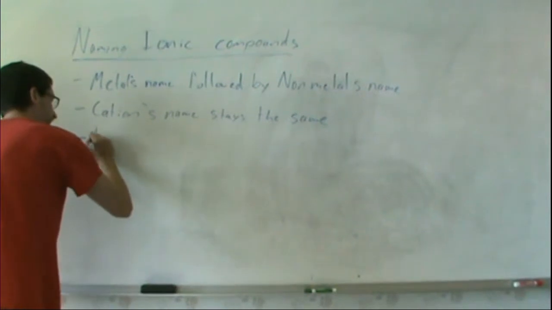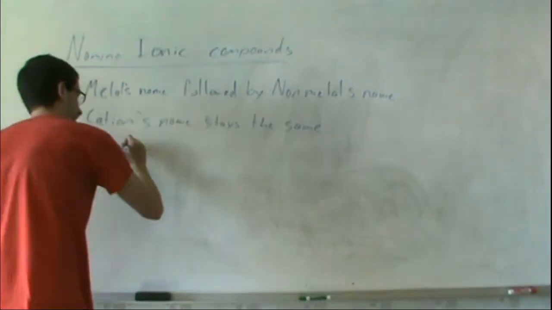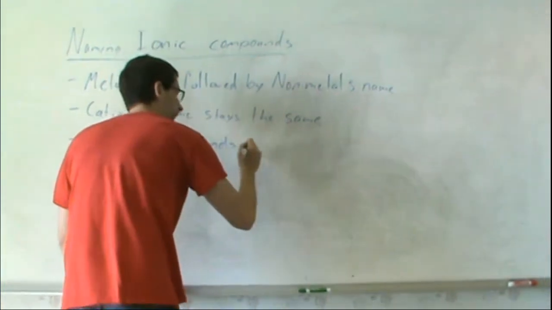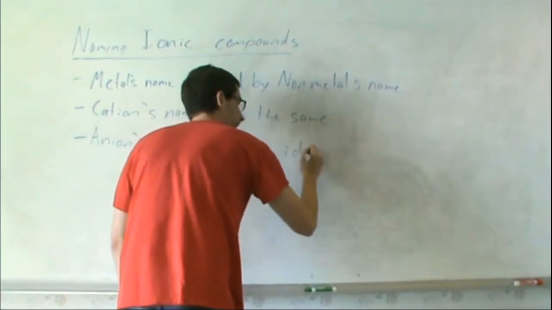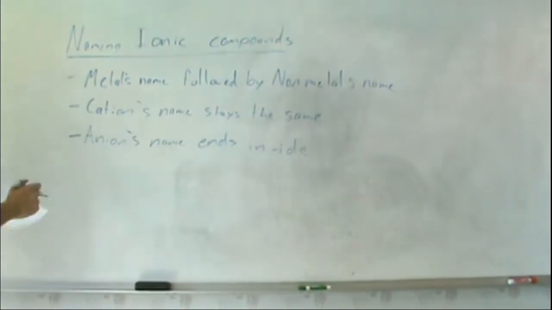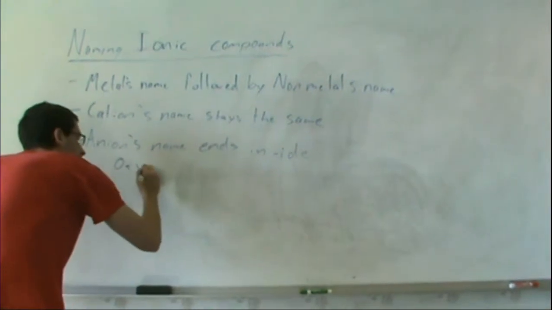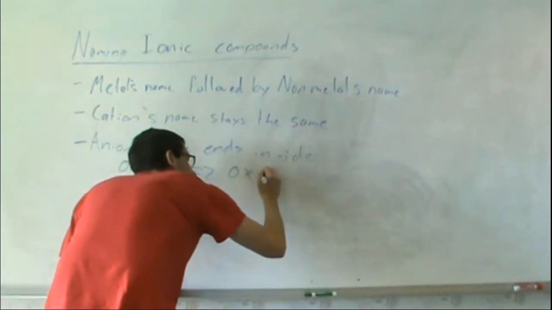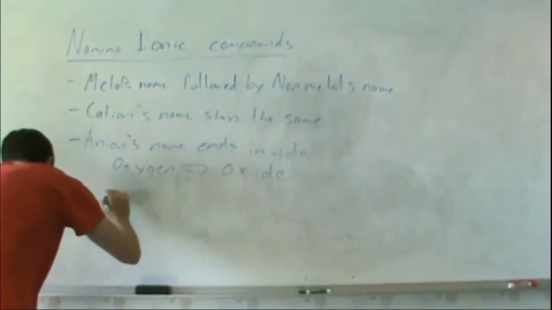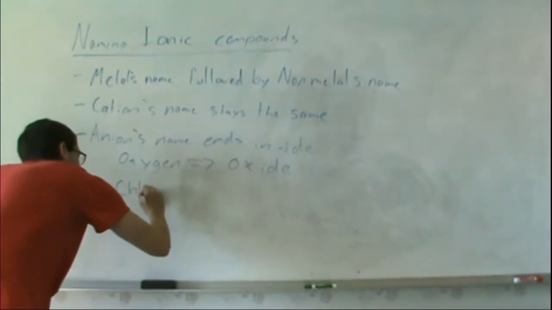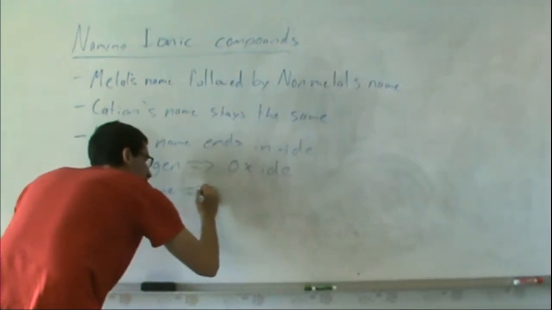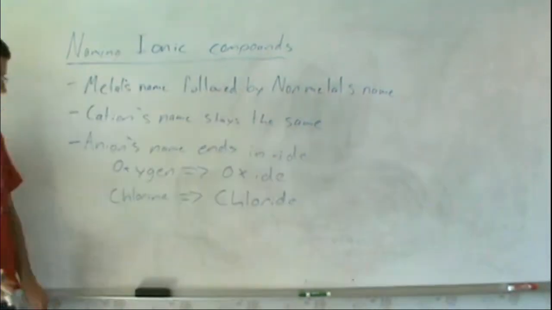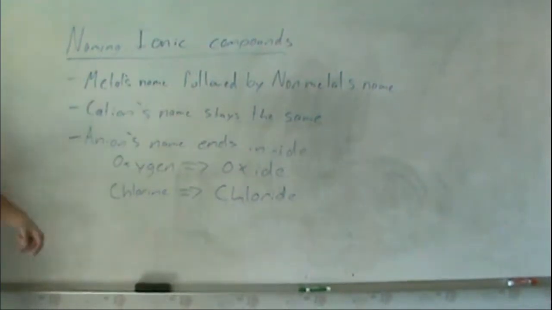The anion, or the non-metal, typically ends in "ide." So, for example, oxygen will change to oxide. Chlorine is going to change to chloride. So it always ends in "ide."